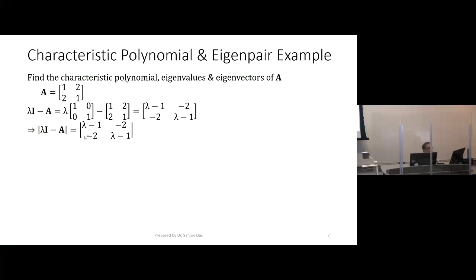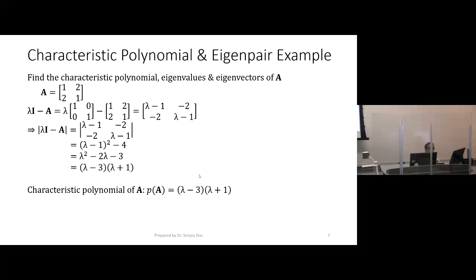So its determinant is equal to lambda minus 1 squared minus negative 2 squared, which is negative 4, and this is lambda squared minus twice lambda minus 3. Factorize it, we get lambda minus 3, lambda plus 1.